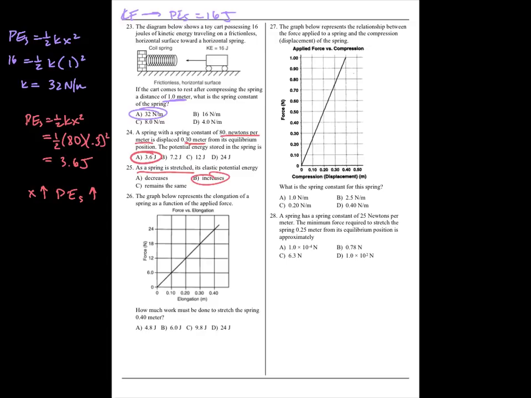Number 26. How much work must be done to stretch the spring 0.4 meters? Now, again, force is on the Y, distance or X is on the X-axis. So this is almost like a work on a graph question. So when they say work done on a spring, and if they show you a graph, again, that's area under the curve. So it's a triangle, 1/2 base times height.